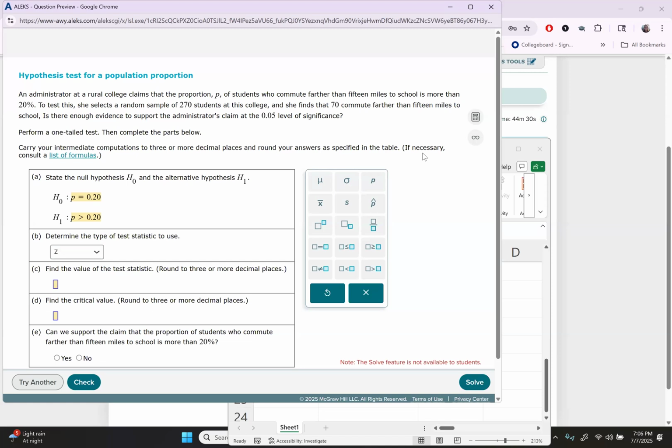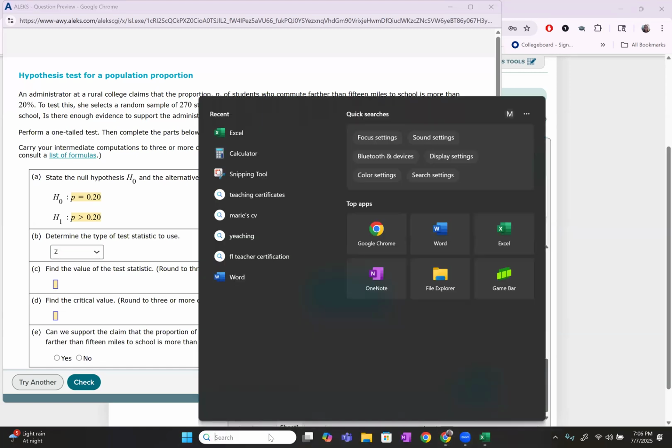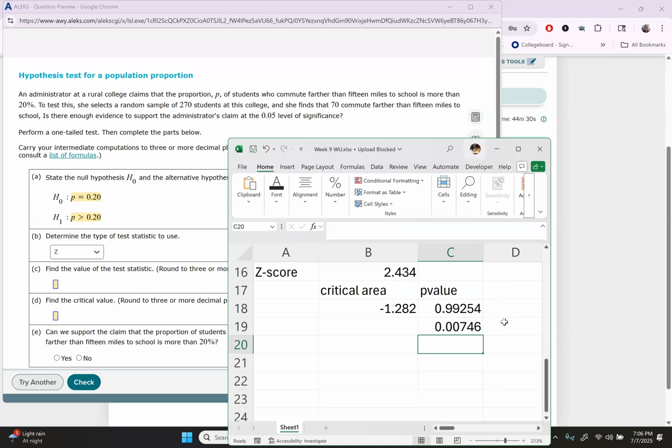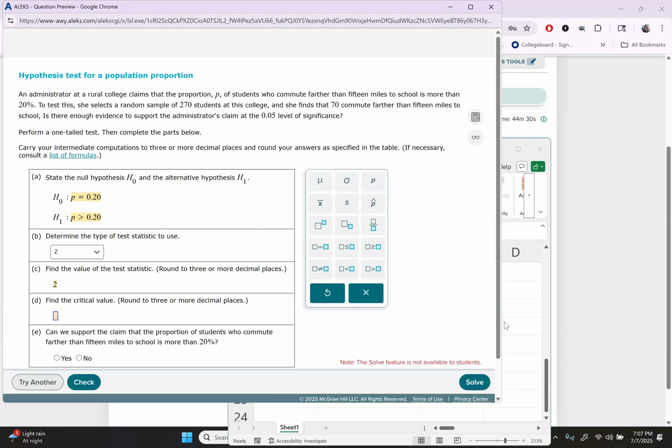And the value of the test statistic, in this case, is going to be 2.434.